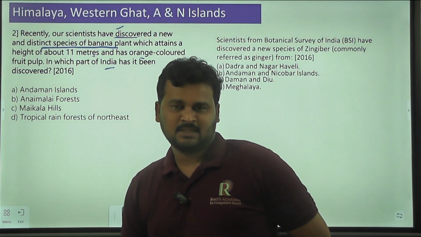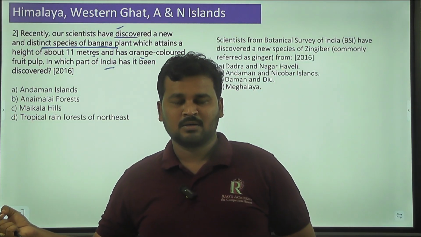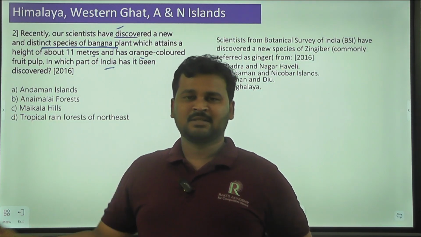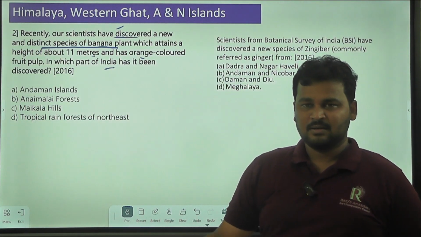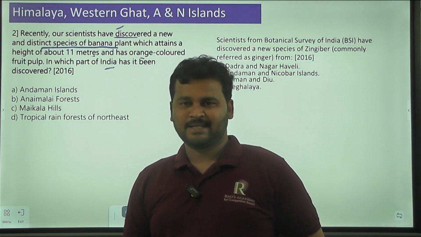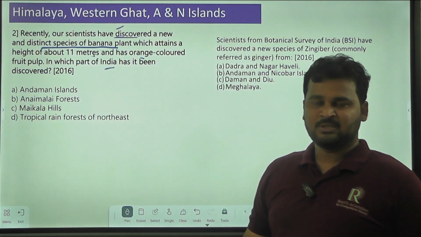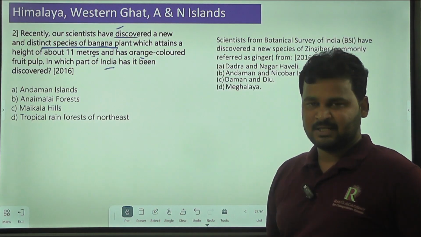If any fauna or flora is in the news, we have to know it. If any animal, plant or tree is found newly, we have to know its location and some information related to it, because UPSC will ask.